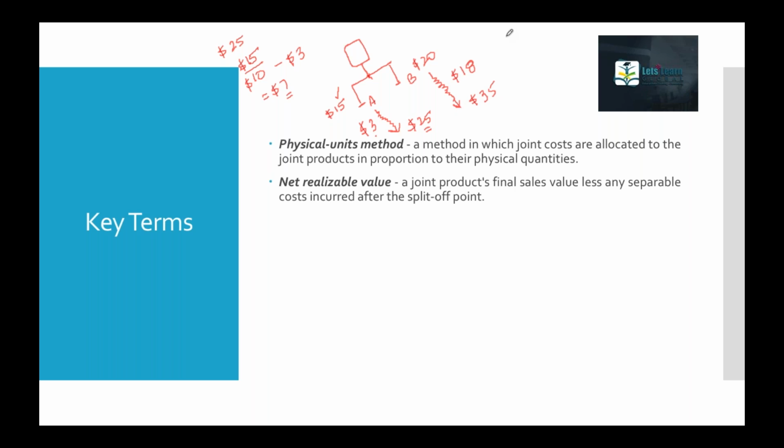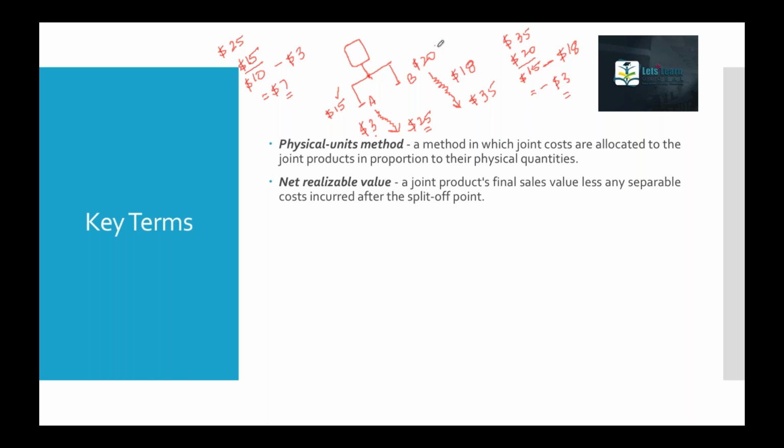What is the selling price here? $35. What was the selling price at the split-off point? $20. What is the benefit you are getting? Additional benefit of $15. But to get the additional benefit of $15, how much do you have to spend? $18. So it is giving you a net benefit of negative $3, of no use.